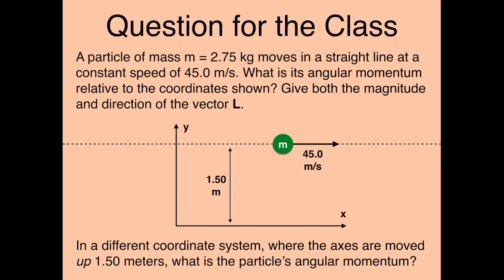Let's give both the magnitude and the direction of that vector L. Now, as a follow-up, if we used a different coordinate system where the axes shown here were moved upwards by 1.5 meters, what would the particle's angular momentum be in that coordinate system? So pause the video, see if you can work this out just using the definitions that we've gone over, and then come back to the video once you think you have your answer.